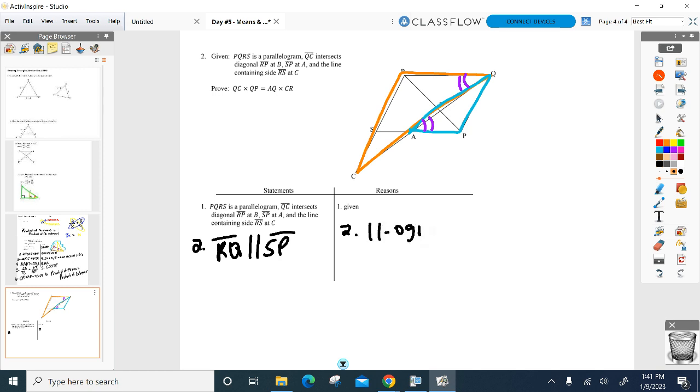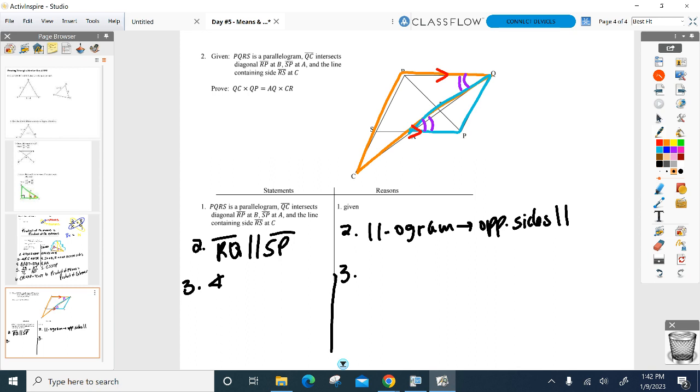Parallelogram implies opposite sides parallel. Now you can tell me the alternate interior angles are congruent.